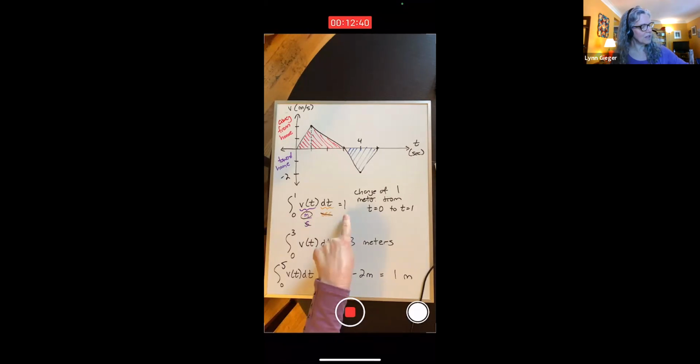Now, that's different than this one right here, because this is saying, just in that first second, I moved 1 meter away from home, and that was it. There was no back and forth. But over the entire 5 seconds, the total change in my position, accounting for going forwards and backwards, left me 1 meter away from where I started.